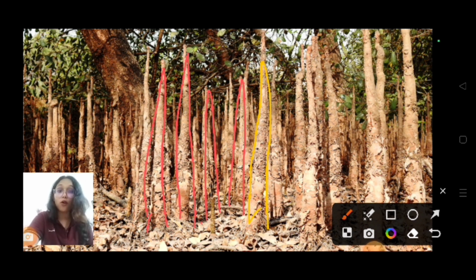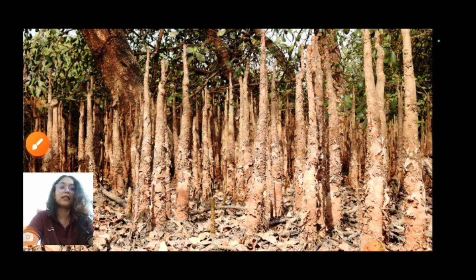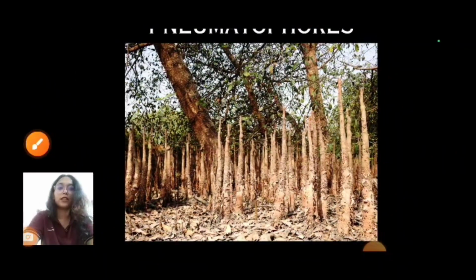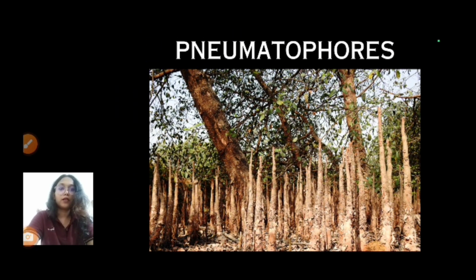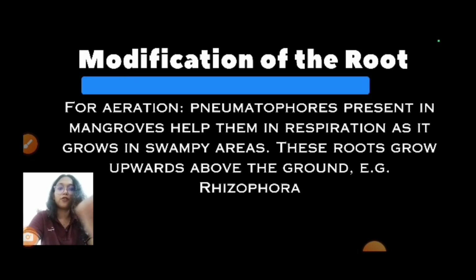So they need oxygen for respiration, is it not? So they used to come out from the ground. So this is a modification. You can see this type of roots in mangrove forest. These are called the pneumatophores. Rhizophora is one of the examples. Understanding this one? For aeration, modification of the root.